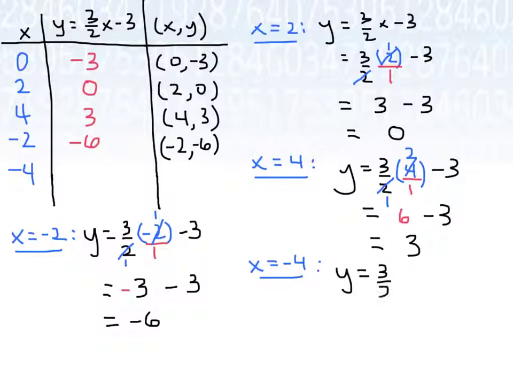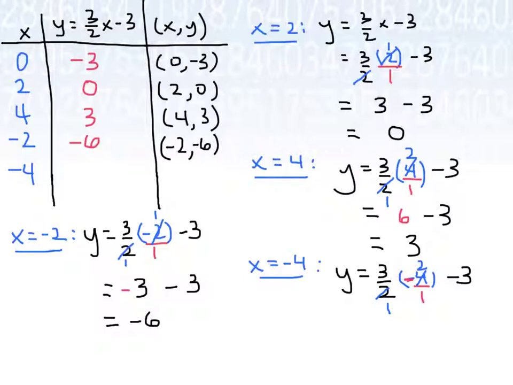Again into our equation, y equals 3 halves times negative 4. Then we're going to subtract off 3. Keeping in mind that when we multiply a fraction times an integer, we'll go through the whole process of cross-canceling again. 2 goes into 2 once, 2 goes into 4 twice.